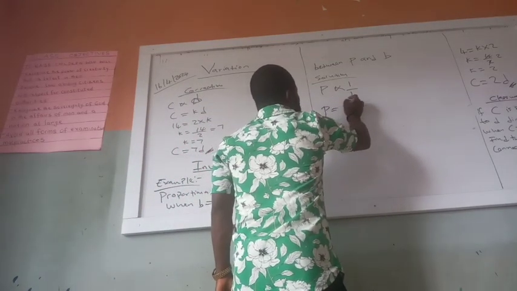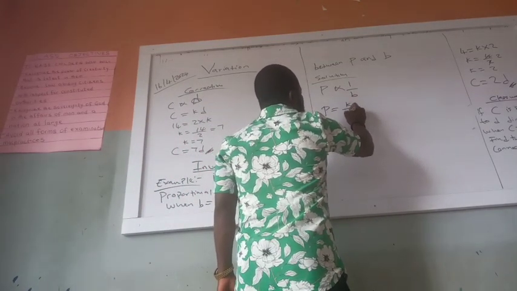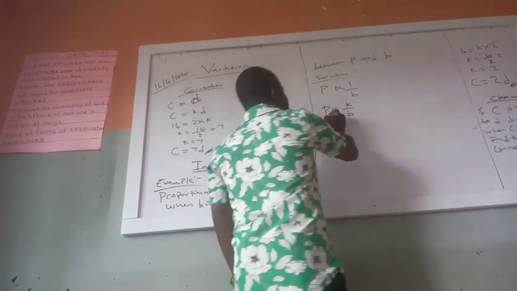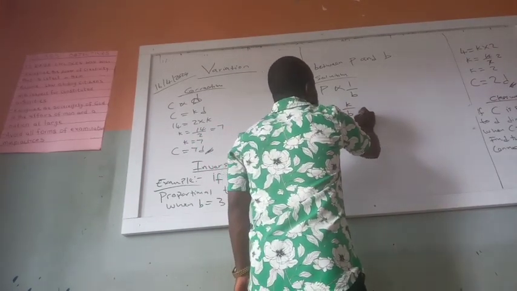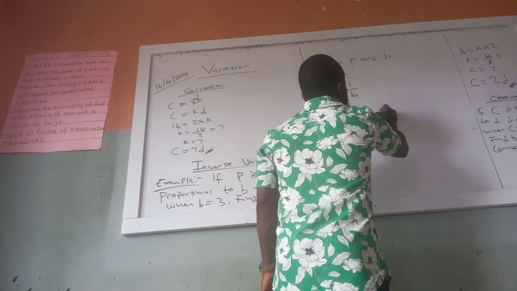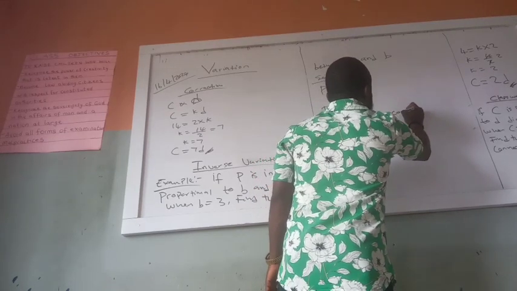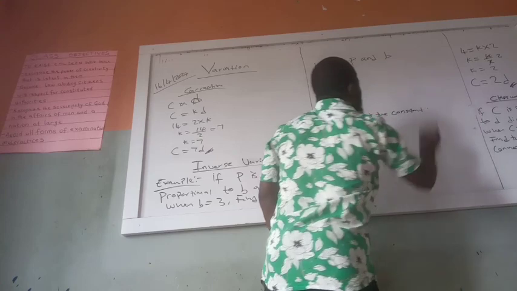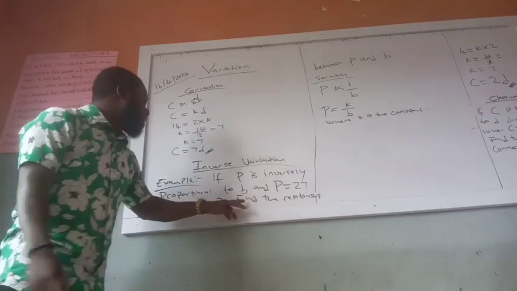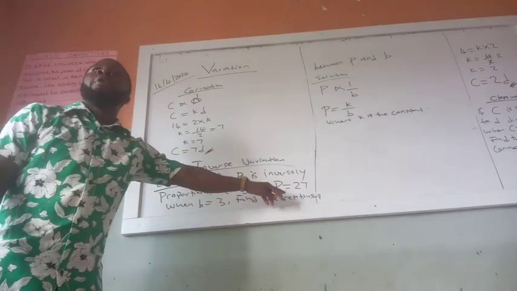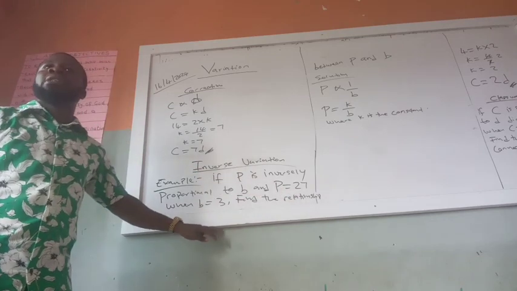So the same thing applies here. P is now equal to K over B, where K is the constant. We must look for the value of the constant, and that's why they gave us more information, which is this.